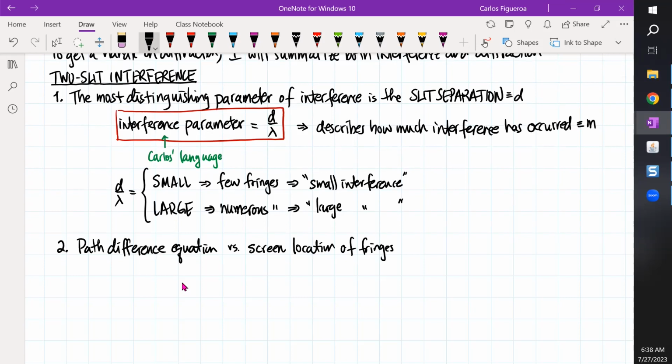In this case, we saw that the path difference equation was d sine of theta m. And what we know about the path difference is that if we have m lambda, or if we have (m plus 1/2) lambda, this is constructive, and this is destructive.